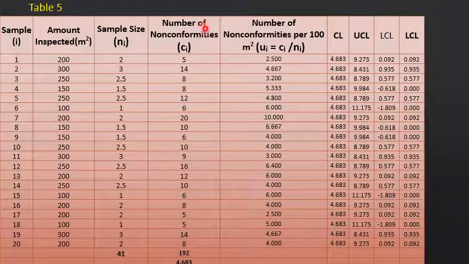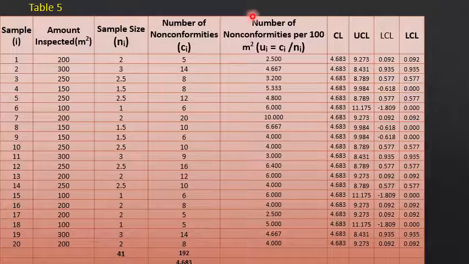Then the number of non-conformities is given. Then we calculate ui, the number of defects per 100 meter square, that is 5 by 2, 14 by 3, for all 20 samples. Then we calculate the control limits: the center line, the upper control limit, and the lower control limit.